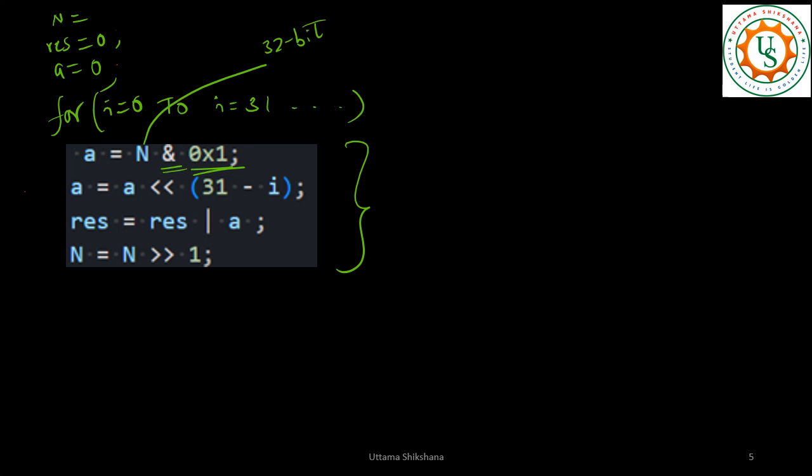Now you have extracted the last bit, and you are moving the last bit to the first bit position. Then, since the result is 0, you do the OR operation so that at this point you are getting the 32 bit value.